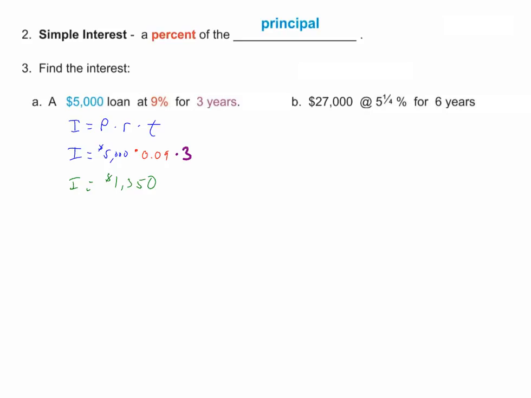Sub in your info, punch your numbers, and see what you get. I'm going to pause the video. All right, so $8,505 is the extra money earned because, hey, $27,000, that's a good amount of money, right? Now, what if you were borrowing the money and you had to pay 5.25%? You'd have to pay an extra $8,505 to borrow that money.